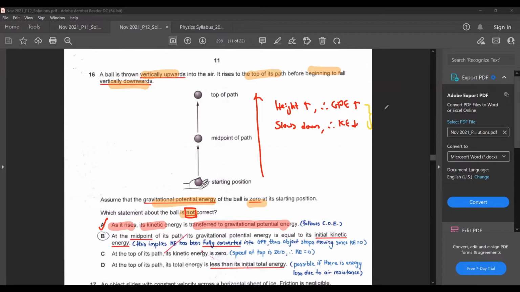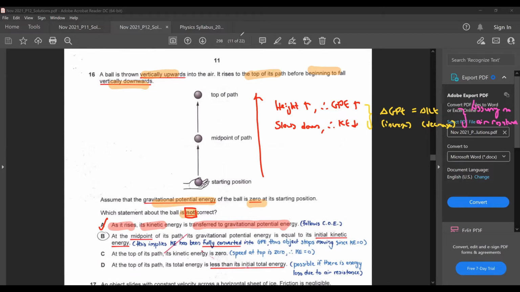In our case, the increase in GPE is equal to the decrease in KE, assuming no air resistance. So A is correct.